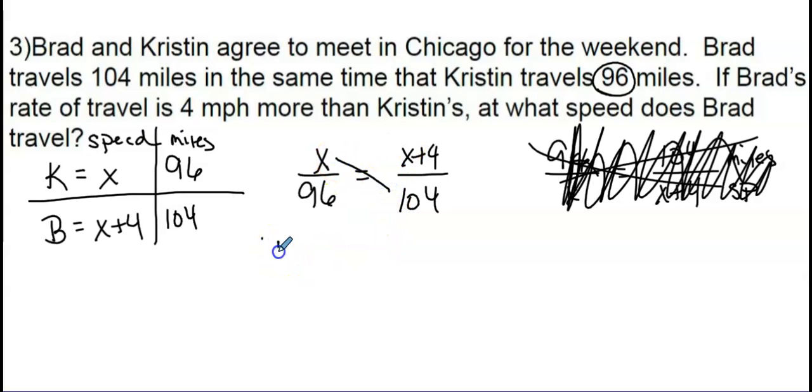X times 104 is 104X. 96 times X plus 4 is 96X plus, what is 96 times 4? 384.